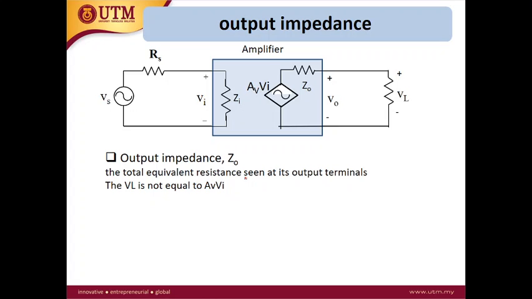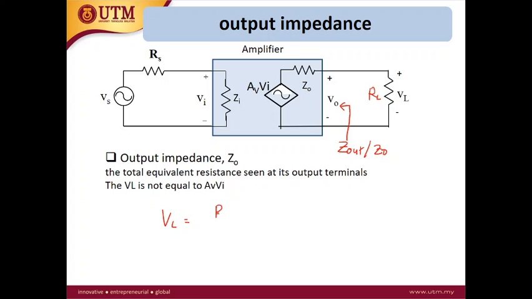Same as the input impedance, we also need to consider the equivalent resistance seen from the output port. This is what we call Zout, or Z naught. Zout is the output impedance, the total equivalent resistance seen at its output terminals. Zout affects the voltage drop at the load, which you can find using the voltage divider.